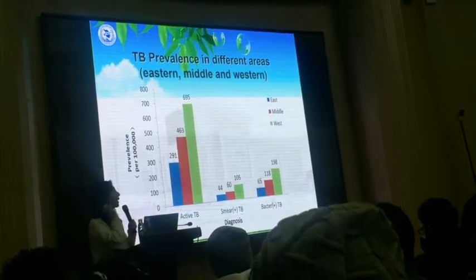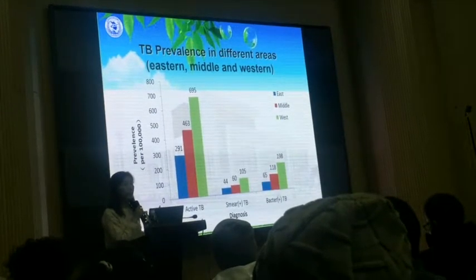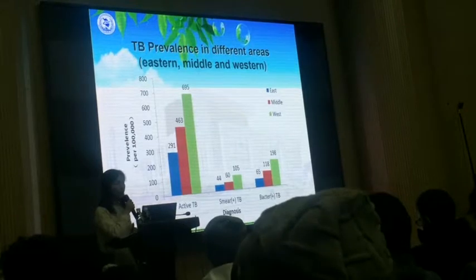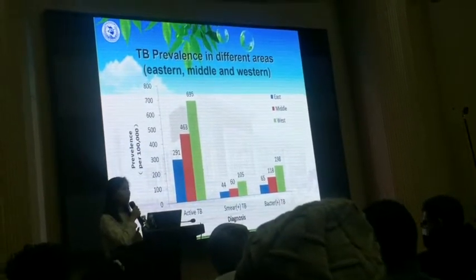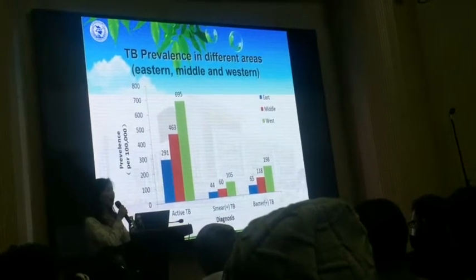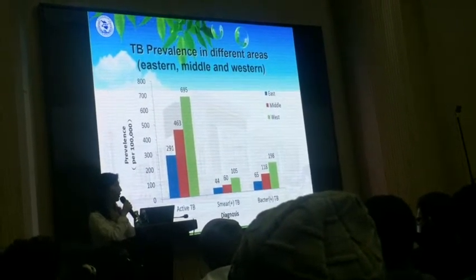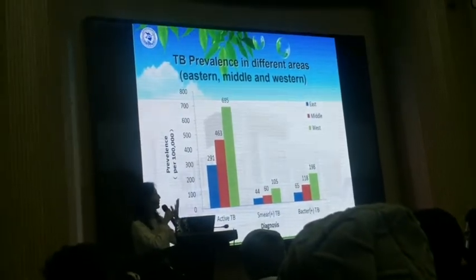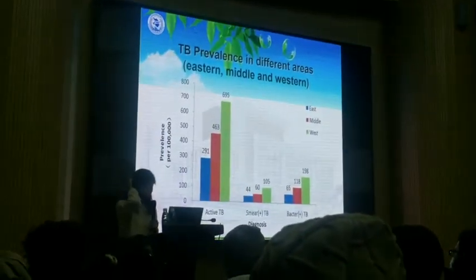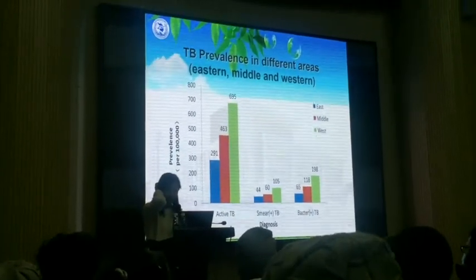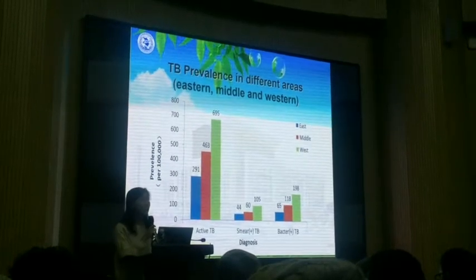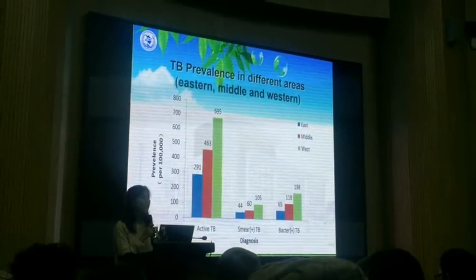And this slide shows the different areas, east, middle, and west. I don't know whether you know that Eastern China is... At first, I introduced that Jiangsu is located along the east of China.